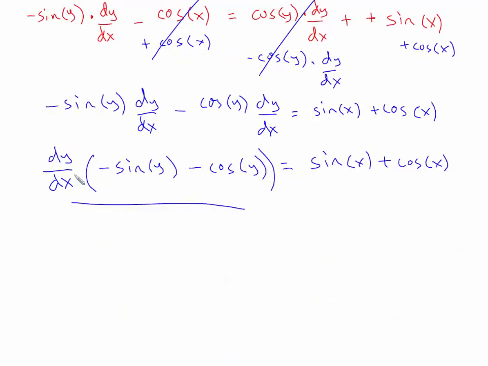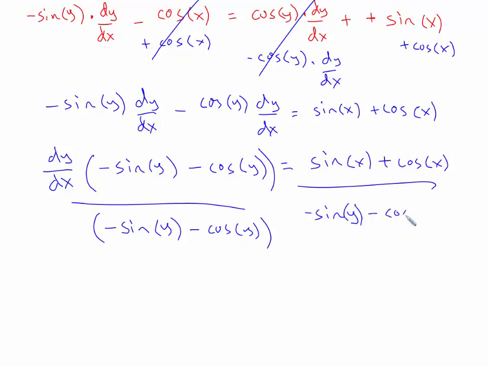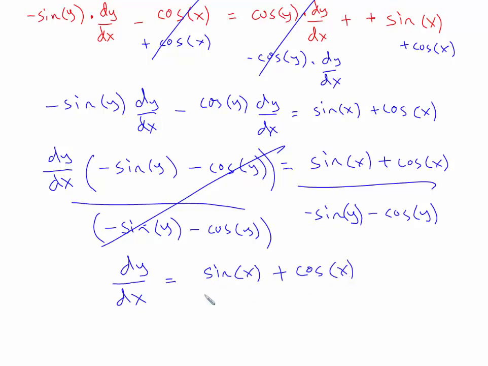Last step, we need this by itself, so we divide by negative sine y minus cosine y. That's gone. So we get dy/dx is equal to sine x plus cosine x all over negative sine y minus cosine y. Okay?